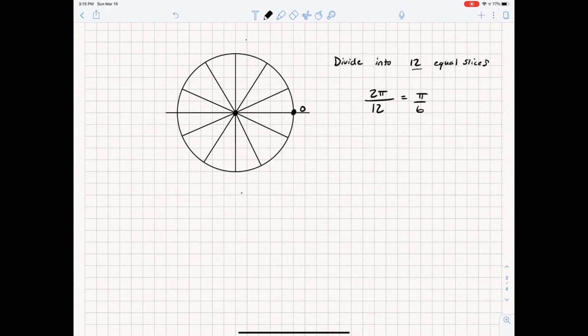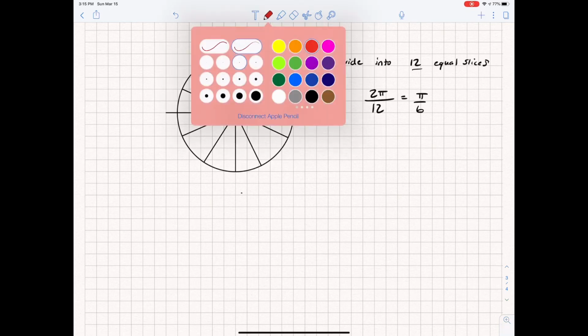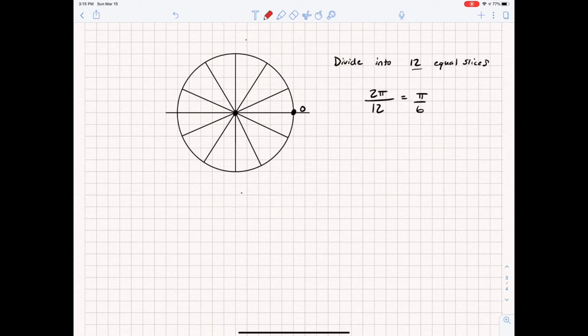It's been divided into 12 equal slices. Each slice is worth pi over 6, so going again in the positive direction, it'd be pi over 6, 2 pi over 6, 3 pi over 6, 4 pi over 6, 5 pi over 6, and then 6 pi over 6, which again is pi, which makes sense because we made it halfway around.